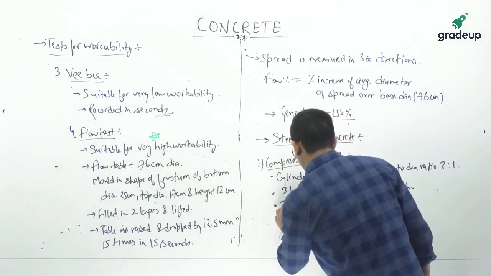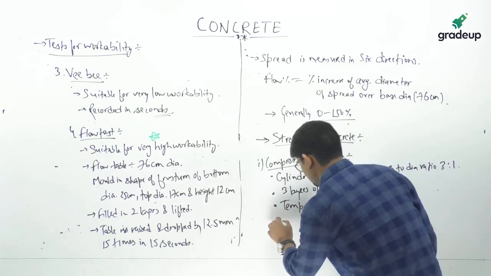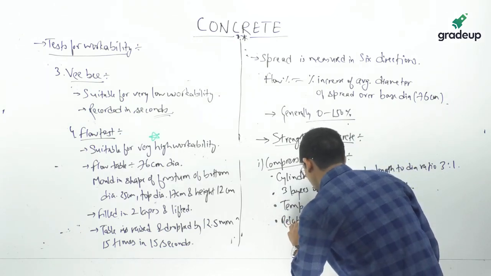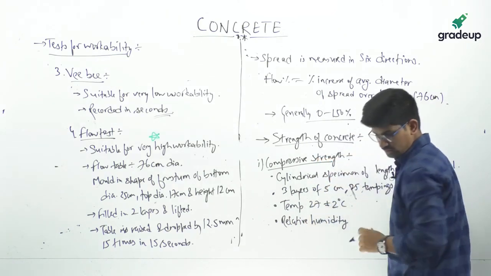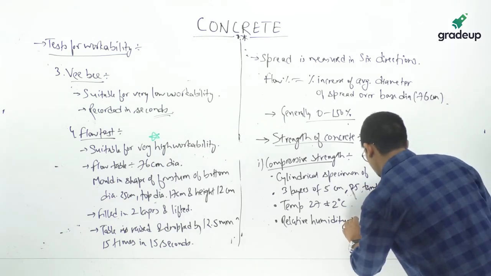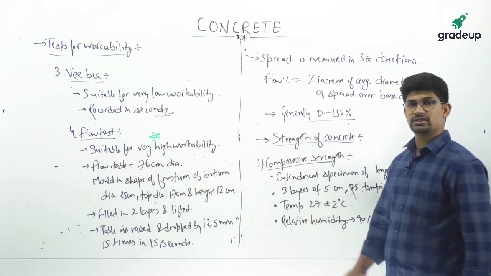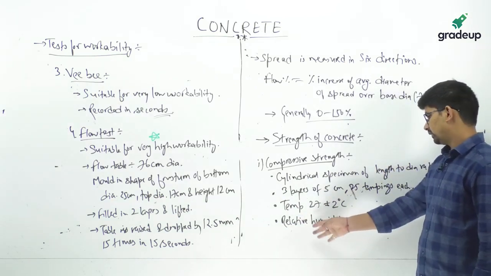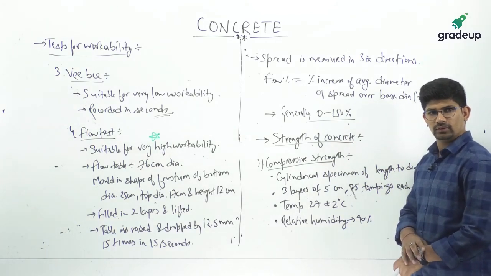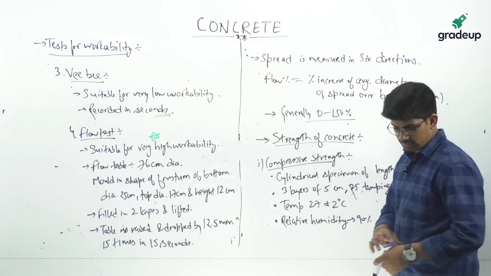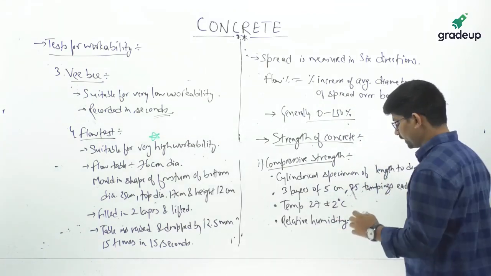Also the important thing here is that temperature is kept at 27 plus minus 2 degrees Celsius, and relative humidity is 90%. Then the sample is removed and put in water for 24 hours. After that it is removed and cured.